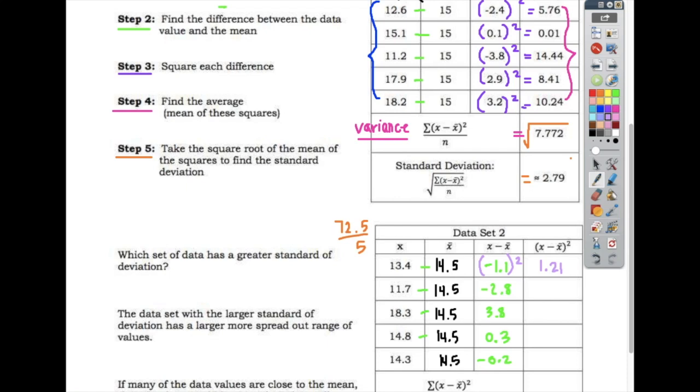Negative 2.8 in parentheses squared is 7.84. 3.8 squared is 14.44. 0.3 squared, 0.09.